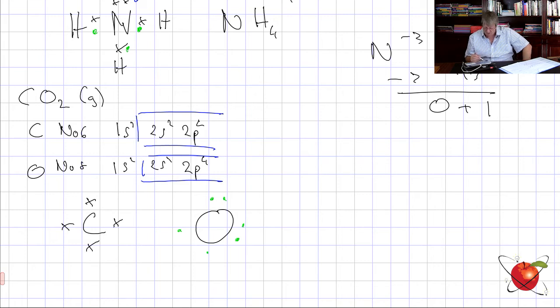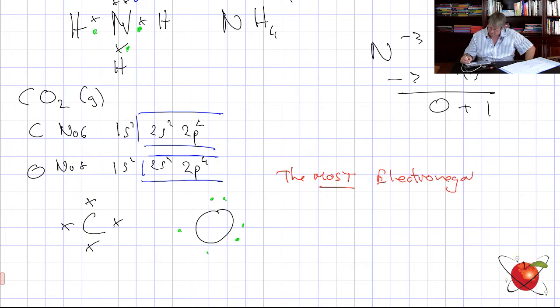All right. How do we arrange this? Generally, we put the most electronegative in the middle.